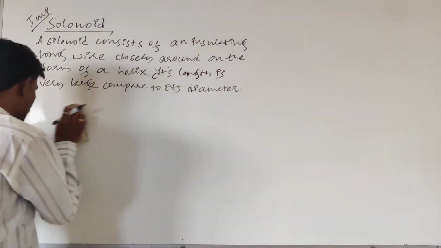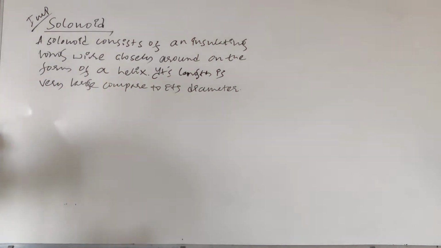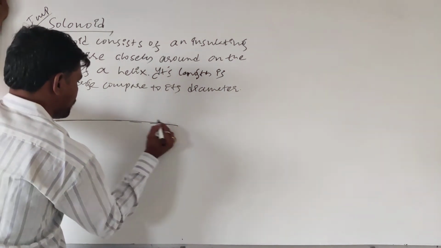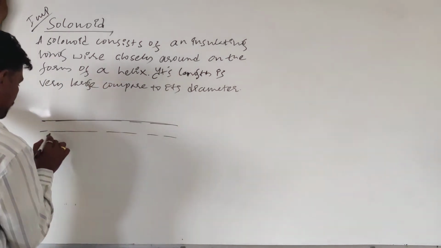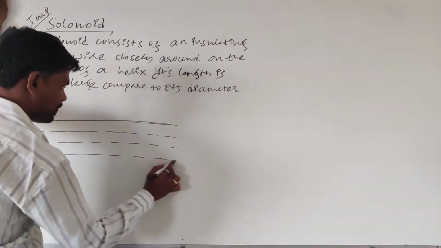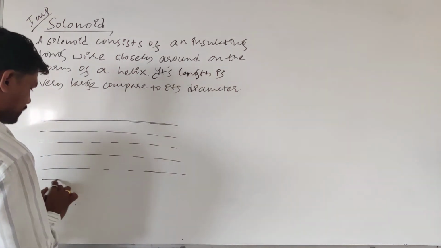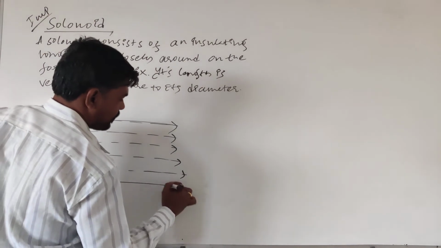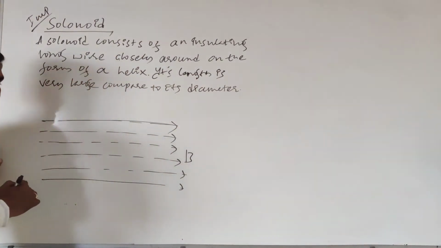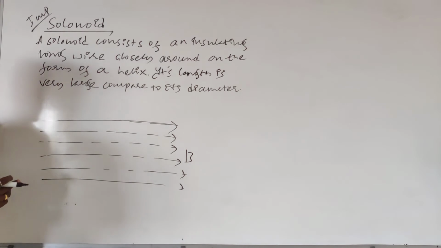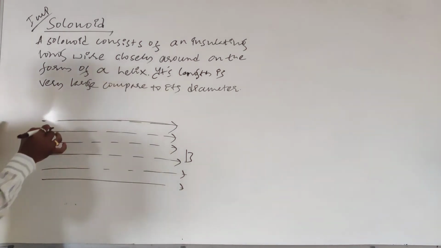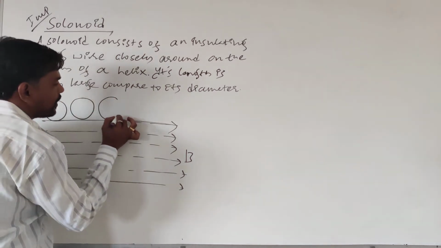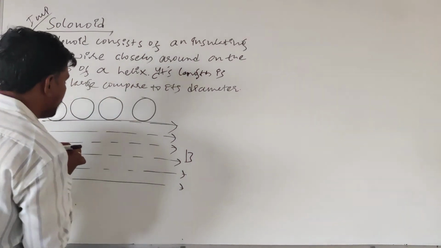See, so this is the magnetic field. When the current is flowing, see here, the current direction is like this.